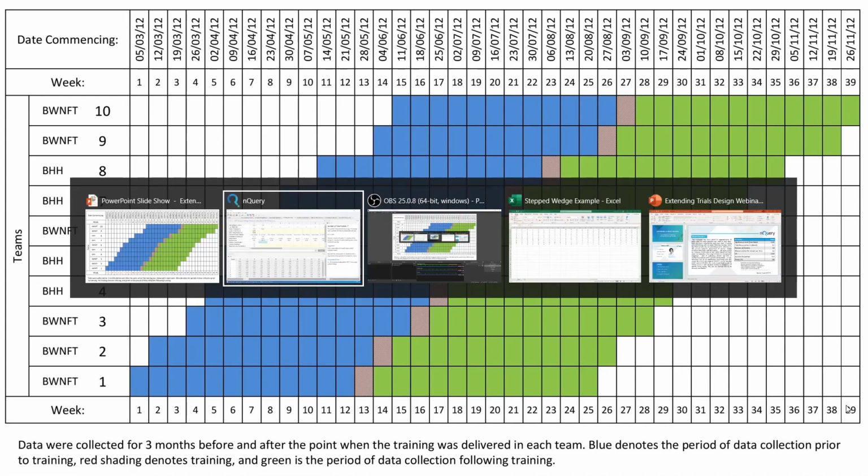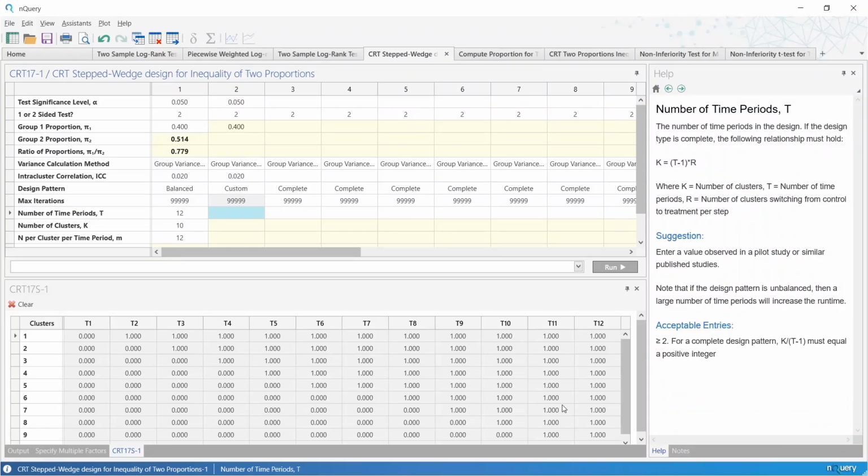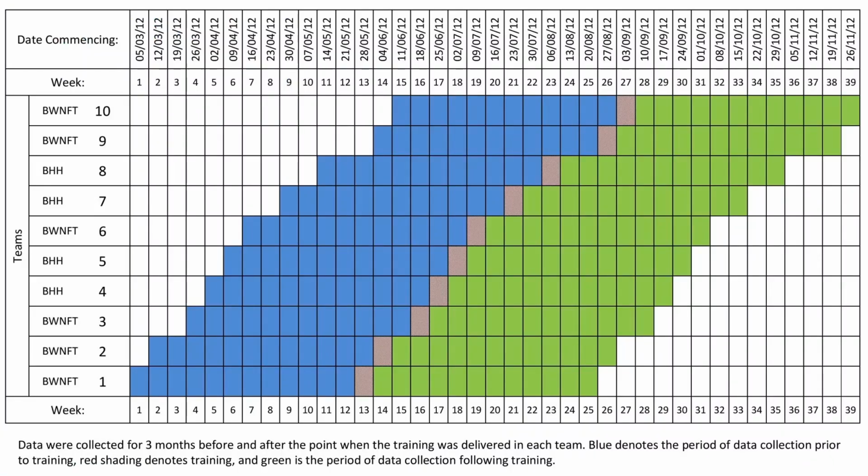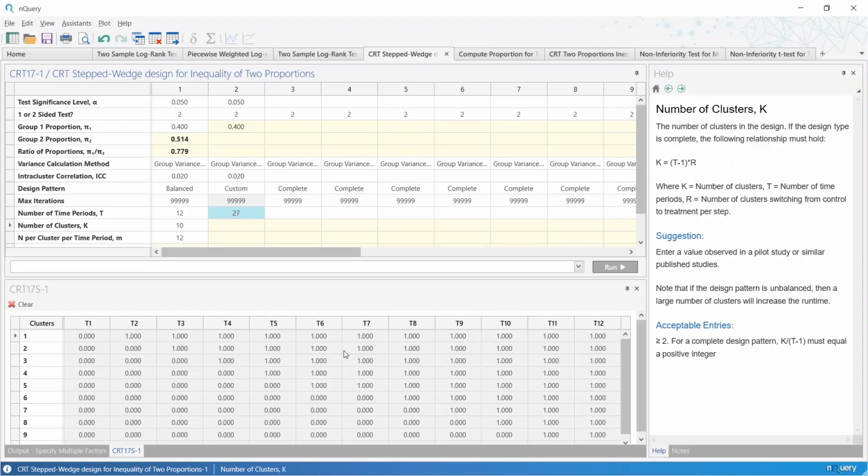And that basically means that we're going to assume that there are 27 time periods, including the 0 time period, of course. We're including one time period where everyone didn't get the intervention. So it's really starting from week 12, technically, this week where nothing was happening for anyone, theoretically.